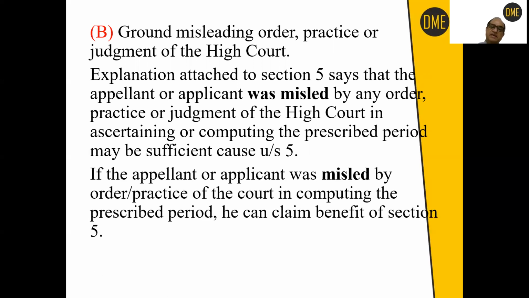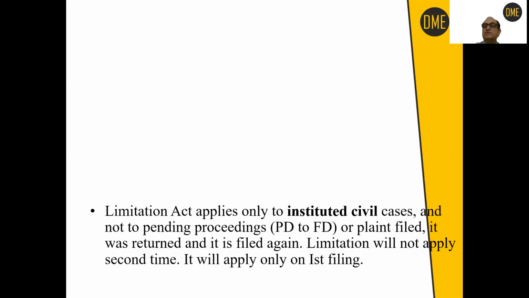See, the conclusion is that if applicant or appellant was misled by order or practice of the court in computing the prescribed period, he can claim benefit of section 5.